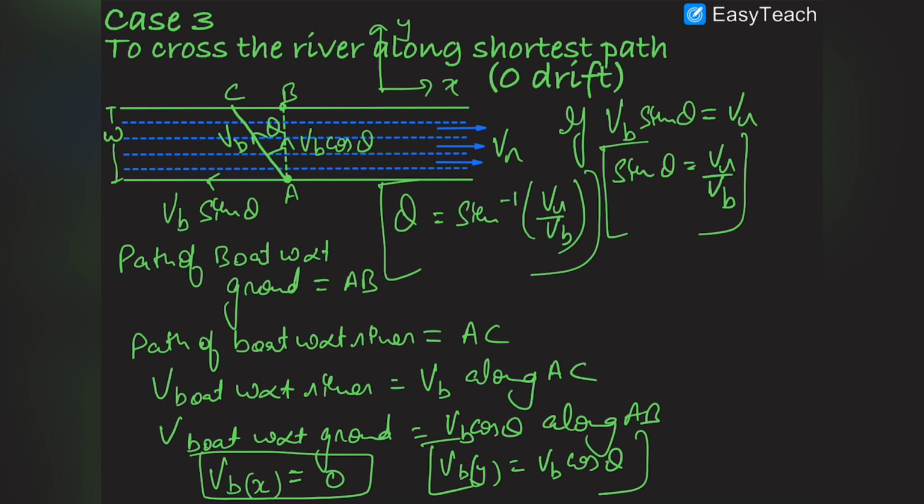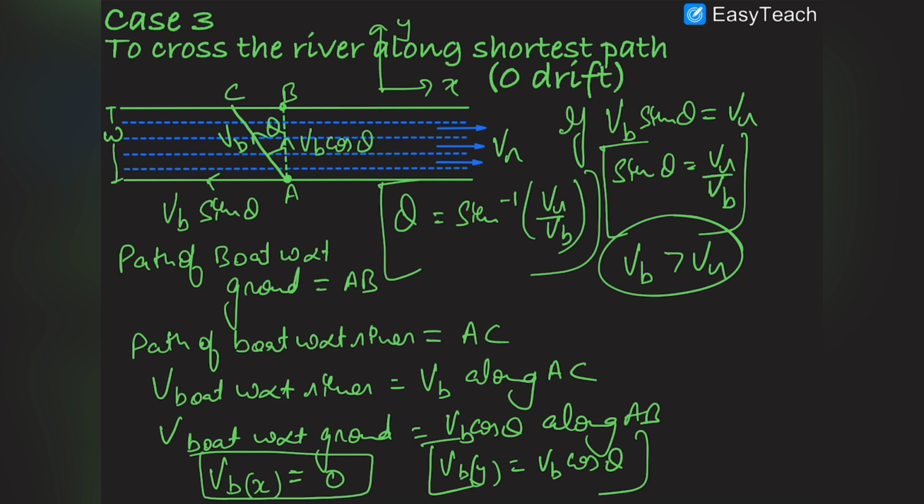Now let us move further. Let us analyze this result. So we have already derived that to move from A to B directly, he needs to move at an angle of theta with this perpendicular direction, and sine theta is Vr by Vb. Obviously this is possible only if Vb is greater than Vr, because sine theta is always less than or equal to 1, or we can say that this angle is an acute angle, so sine theta would be less than 1.